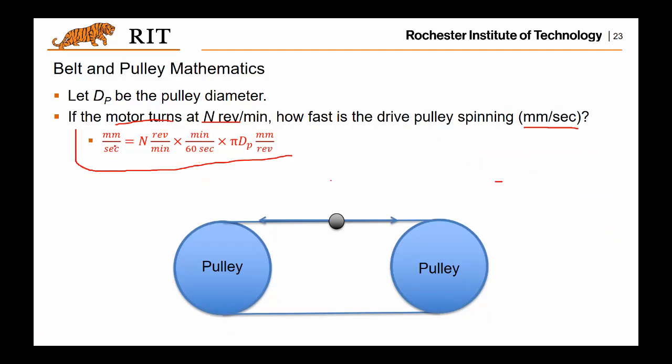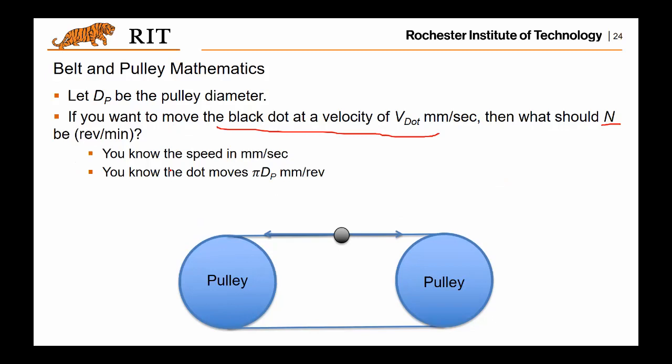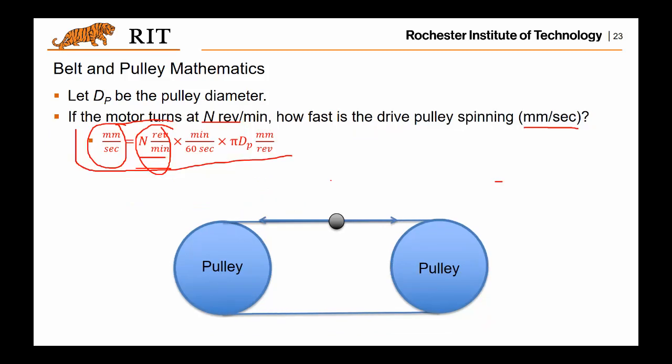You already know the left-hand side, and you want to come up with n, then do the reversed calculation, and then you will have the motor turning in revolutions per minute. But be aware of the units. That's critical. That will give you trouble if you are not aware of it. All right. So I also listed it out here. If you want, you can do a verification yourself. But basically, that is the reverse process of this one.